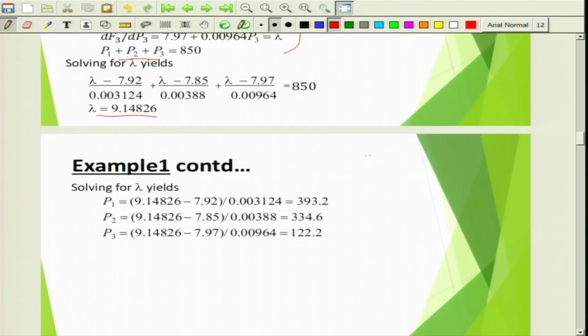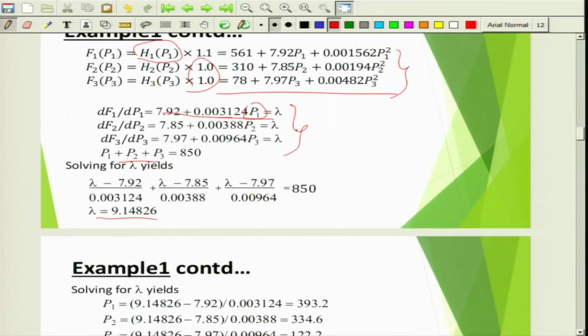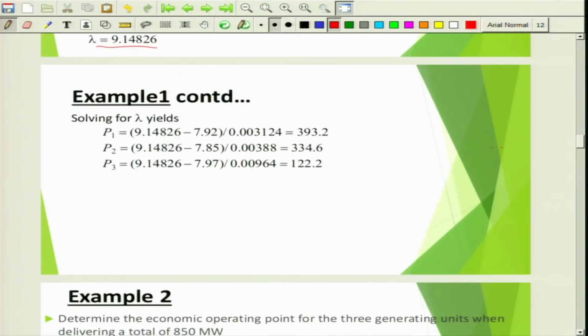Once you get the lambda, then you can easily find out what P1 is. Go back and find out with this expression, you have got the lambda, you can obtain P1, P2 and P3 with the lambda that you have already solved, right. Now the combination of this P1, P2, P3 will be equal to P load, right.